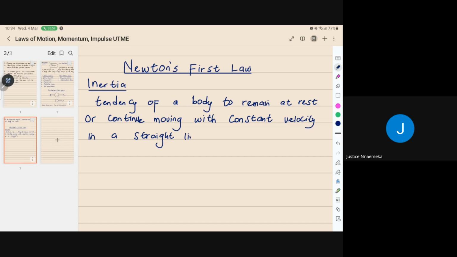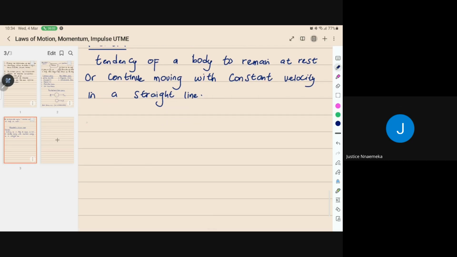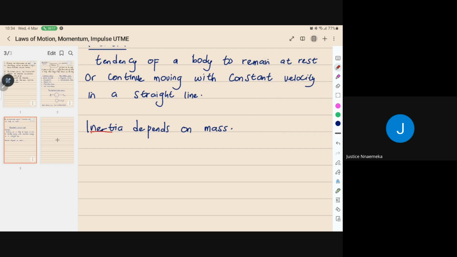I've given you examples. Please always remember those examples. And it's important to know that inertia depends on mass. It's very key. Take notes. So the bigger the mass, the more the inertia, the more the tendency of that body to remain at rest or to keep moving in the direction it is moving.